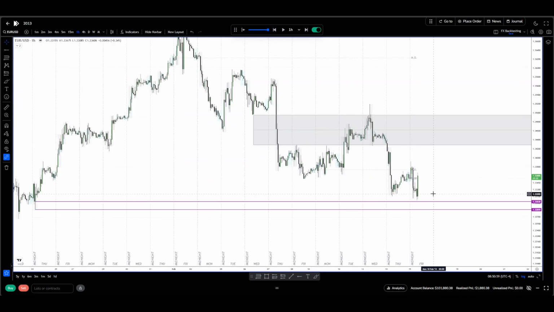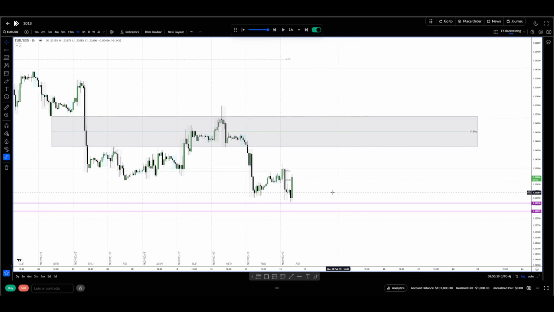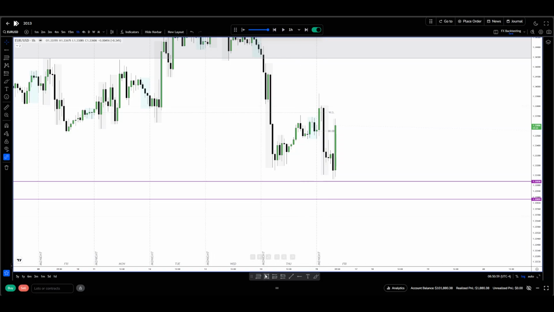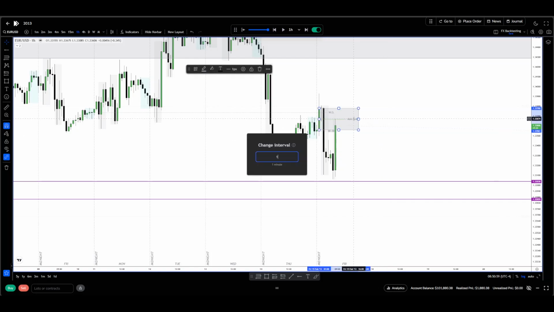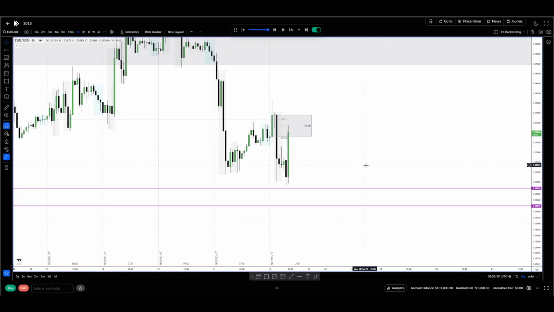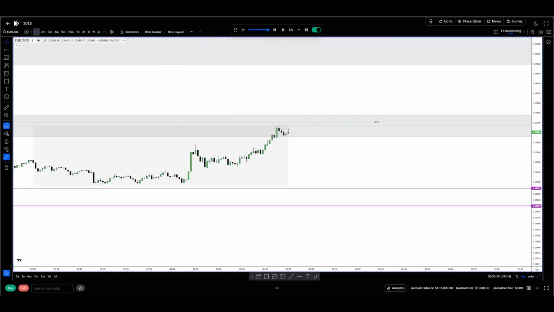But overall, price is very bearish. It's still bearish on the 1 hour because here we have a breaker on the 1 hour order block. I'm sorry. Here's the order block, 1 hour order block, 1 hour FVG. Like this. So let's see how price reacts from there.